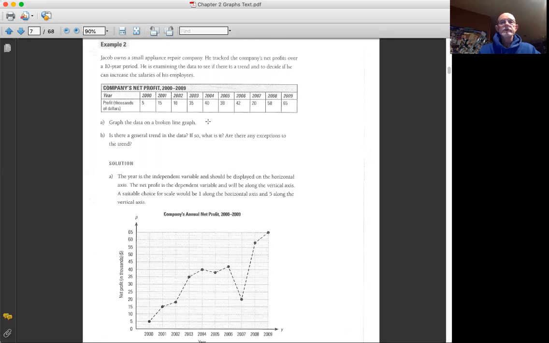So general trends, there's something called a trend line. A trend line is meant to cross through as many data points as possible, knowing that there will be data points that will not fall on or near the line.